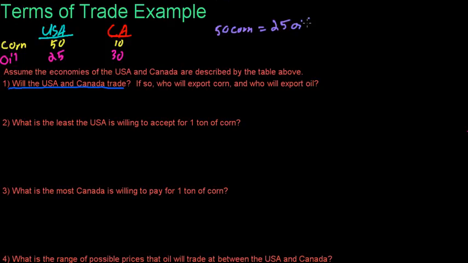So let's say corn is measured in tons and oil is measured in millions of barrels. Sorry, I forgot to say that this is for the USA. If we reduce that a little bit, then we get that 2 corn is equal to 1 oil. So in order to produce 1 unit of oil, the US has to give up 2 units of corn.